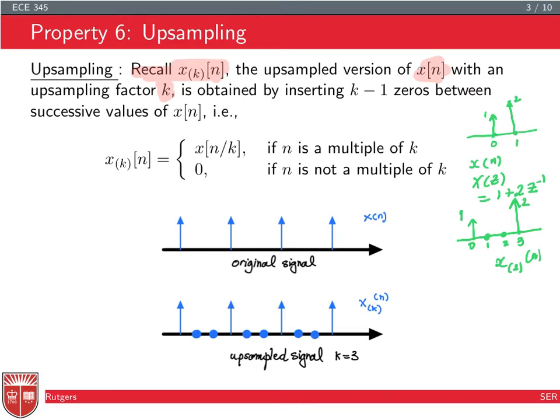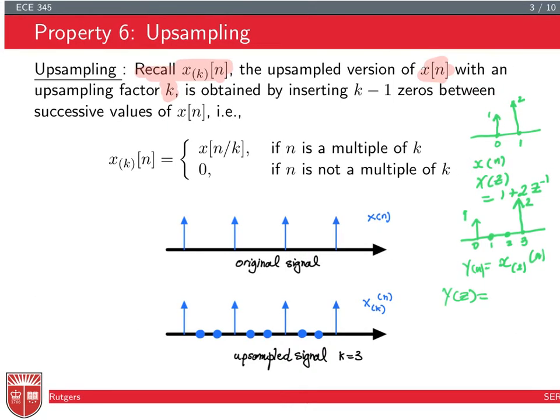Now, let's call this y of n, just to make it easy to refer to the Z-transform. So here, y of z is going to be equal to, if I just apply the definition, 1 plus, and now the value of the signal 2 is at n equal to 3, so it's going to be equal to 2z minus 3.